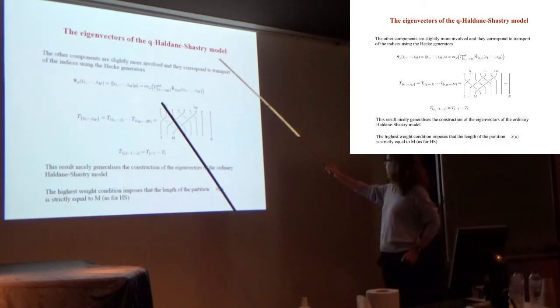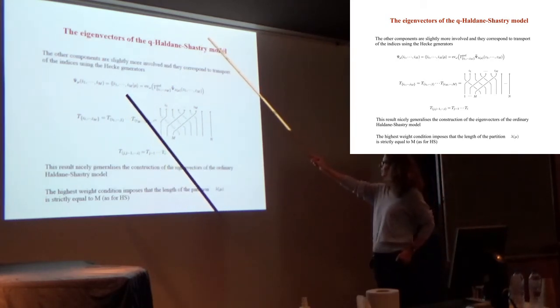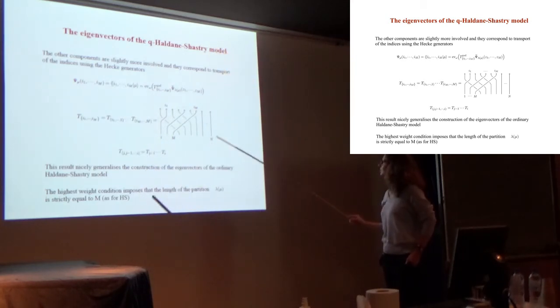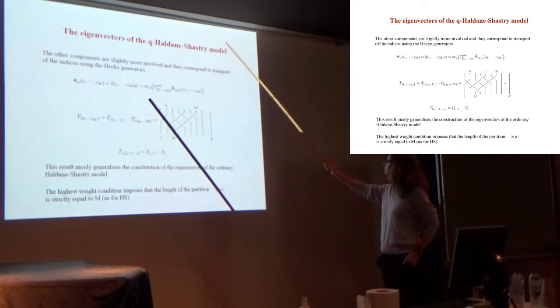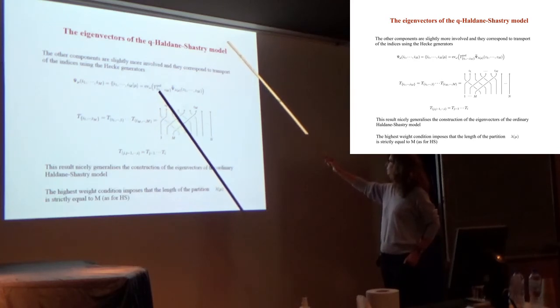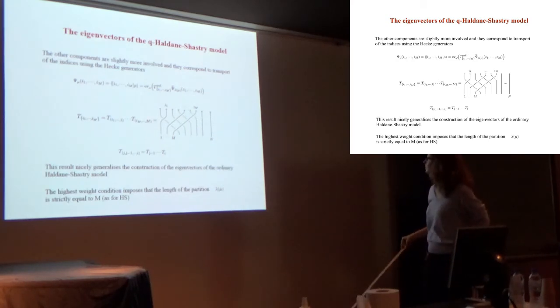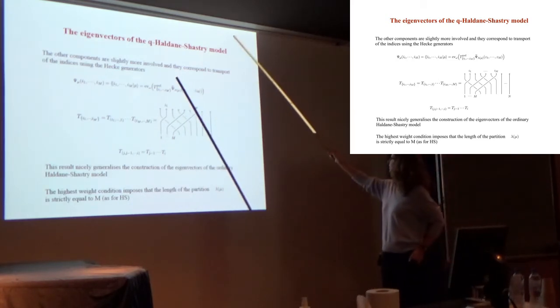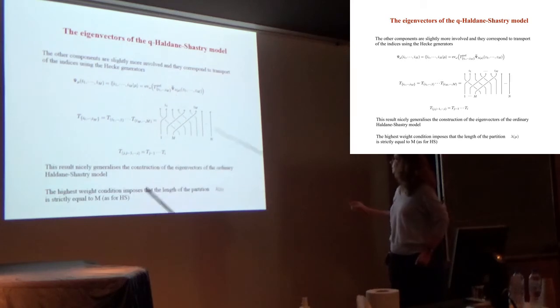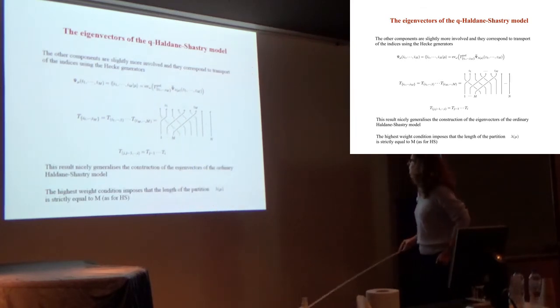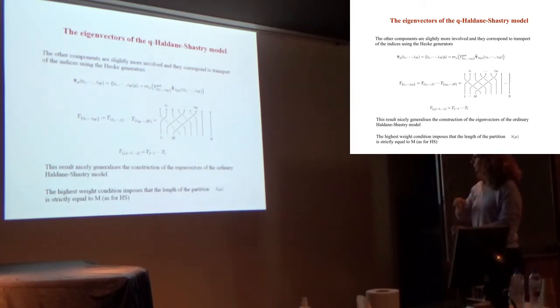So now the coefficients of the different components of the eigenfunction will be given by the action of this T polynomial on the first component of this symmetric polynomial here. And then one applies the evaluation at the roots of unity.